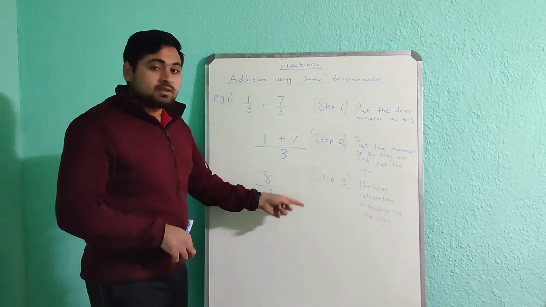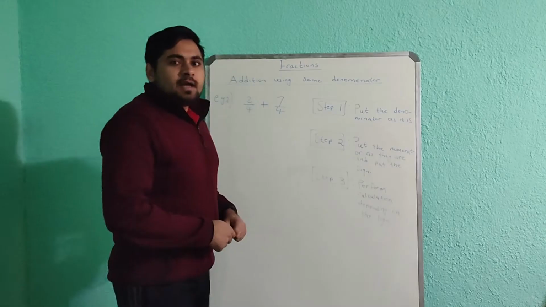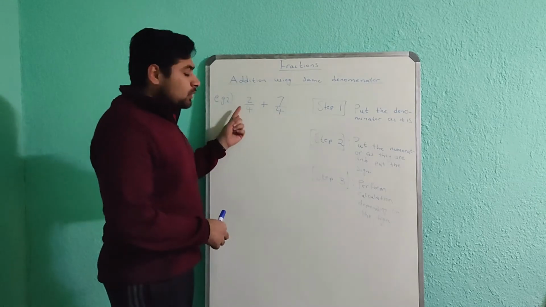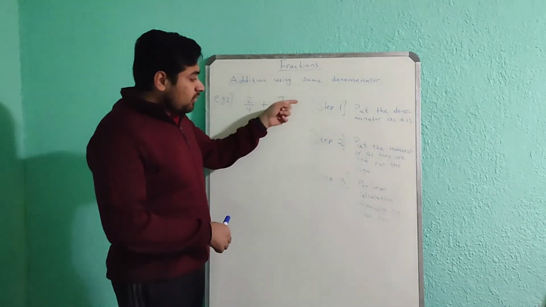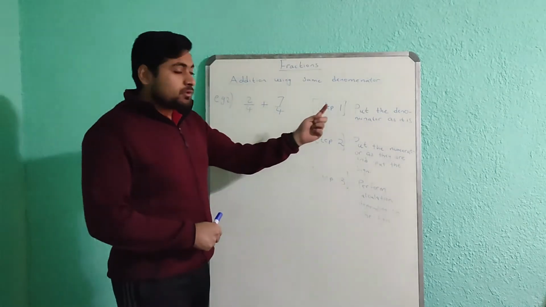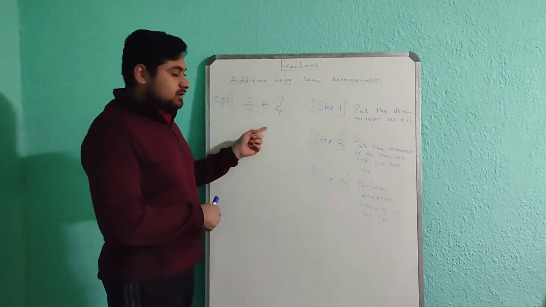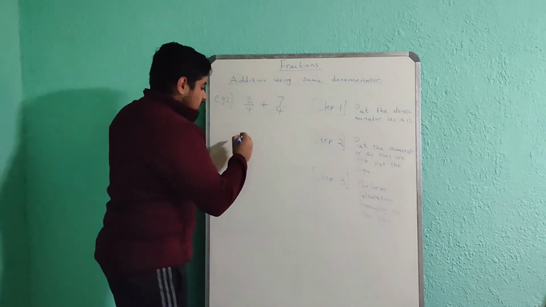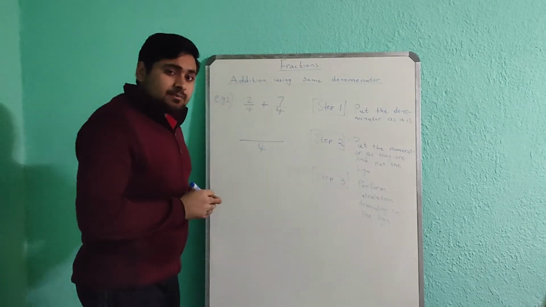Let's do a few examples so that you can understand how we do it. Make sure to know all the steps, note them down. Let's move on to example 2. Example 2 says 2 over 4 plus 7 over 4. So let's follow our steps and solve this. What was step 1? We put the denominator as it is. What is our denominator? 4. So we write 4. What is our step 2?